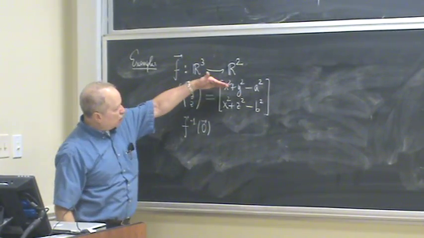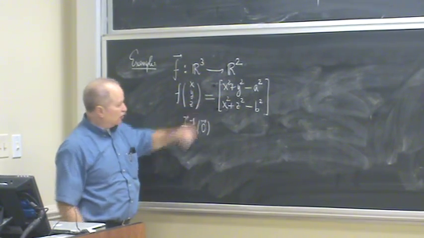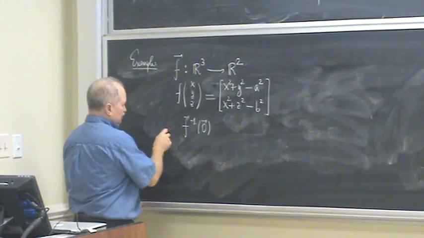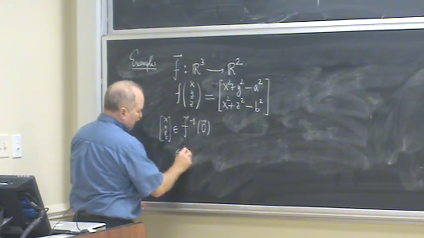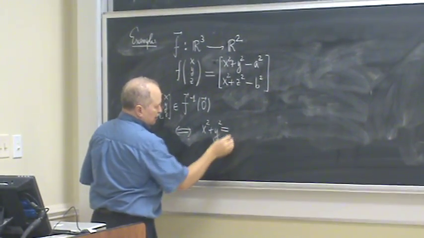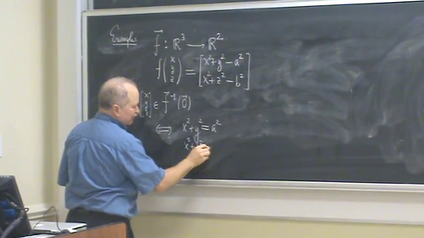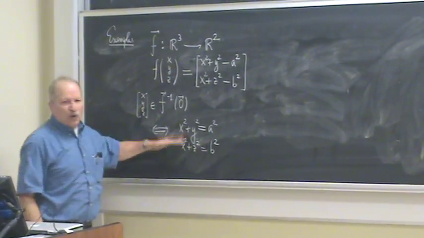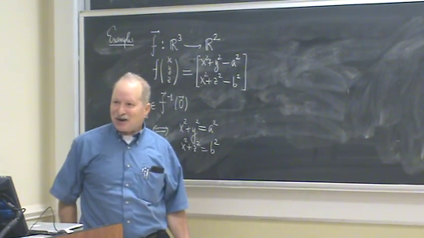So I want this function to be 0, and this function to be 0. So a point is in that level set if and only if x squared plus y squared is a squared, and x squared plus z squared is b squared. This looks like what we've been doing with systems of equations. The only problem is they're not linear. They're very much not linear.